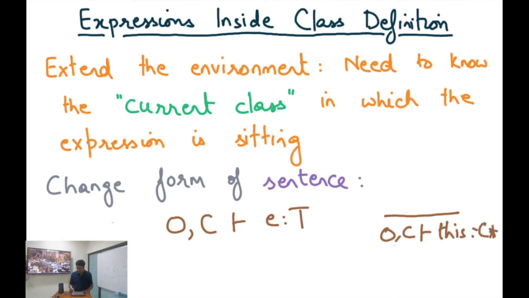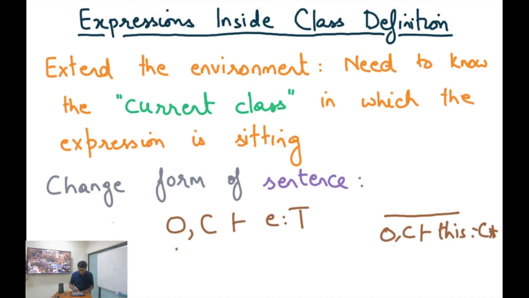So basically this means that if my current class is C, and I ever see this expression called this keyword in C, then its type is going to be a pointer to the current class, which is C star.